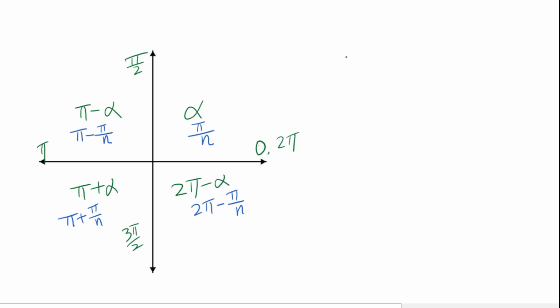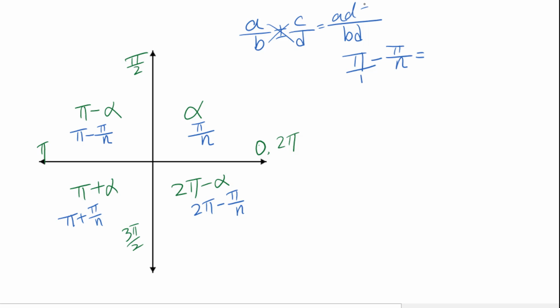Let's work this out. If I have pi minus pi over n, this is over 1. Then remember we have a over b plus or minus c over d. Your denominator is multiplied, bd, then cross multiply. You have ad plus or minus bc.